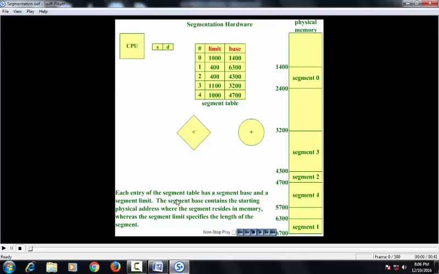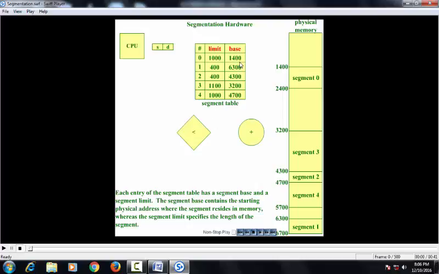Each entry of the segment table has a segment base and the segment limit. This is the segment table: segment base address and segment limit. The segment base contains the starting physical address where the segment resides in memory, whereas the segment limit specifies the length of the segment.